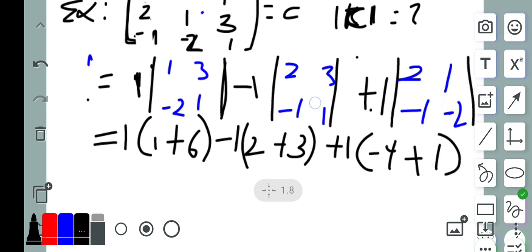I'm solving what I have inside, just the way I solve a 2 by 2 matrix.